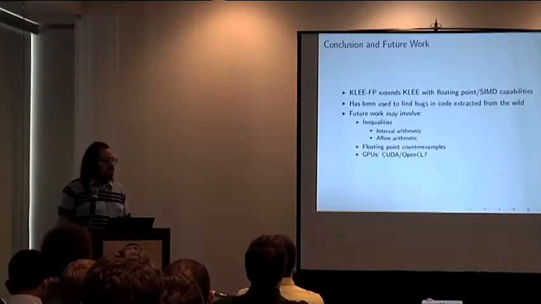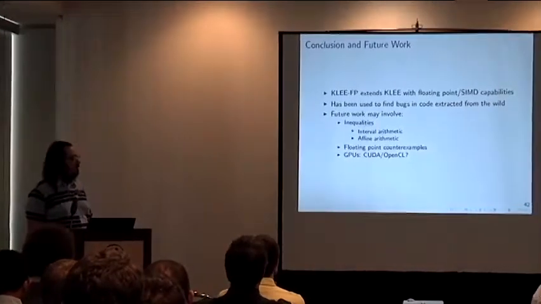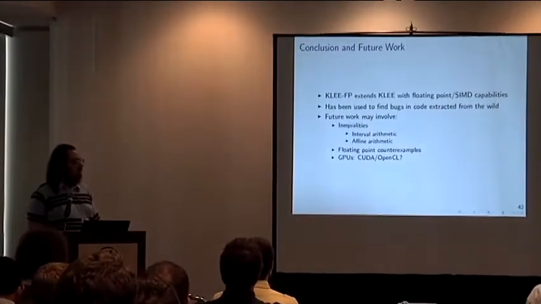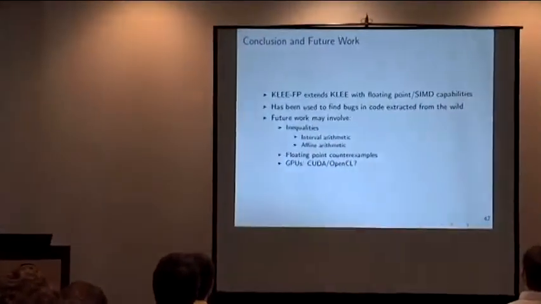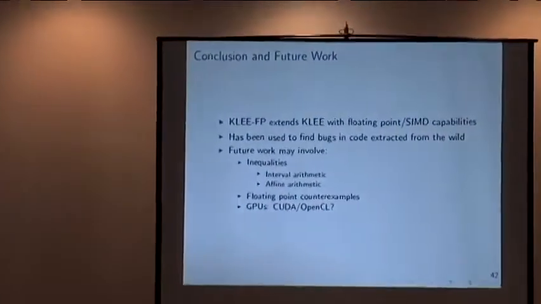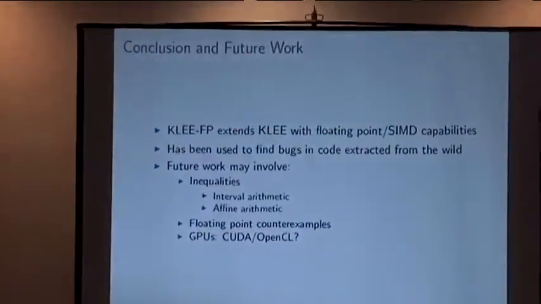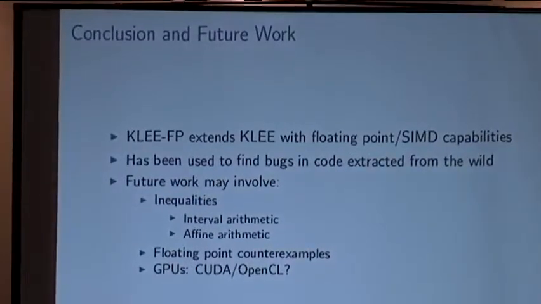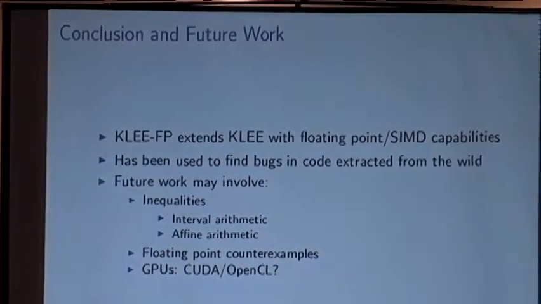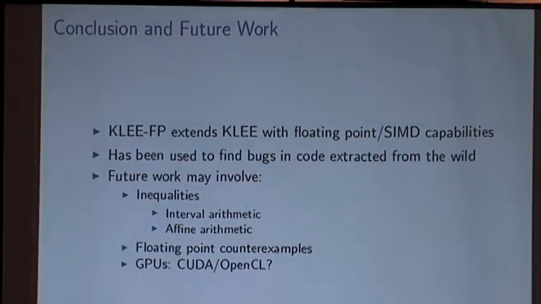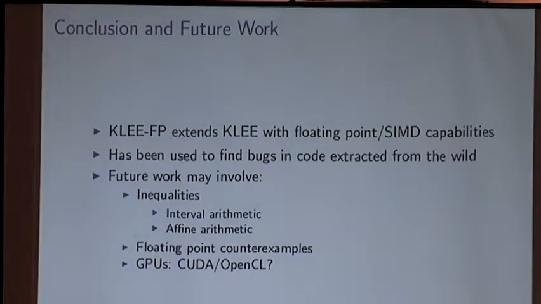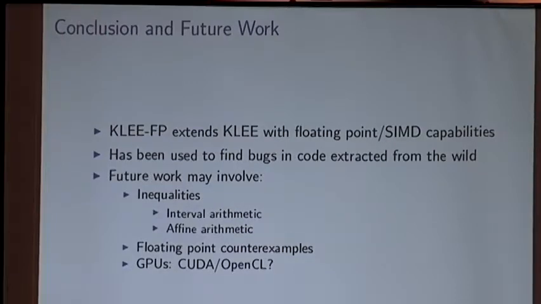So, conclusion: we've shown how ClearFP extends CLE with floating point and SIMD capabilities. We've used it to find bugs in code we extracted from the wild. We're looking at various future work. We're looking at solving inequalities using either interval arithmetic or another technique known as affine arithmetic.